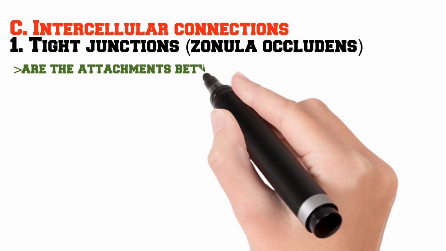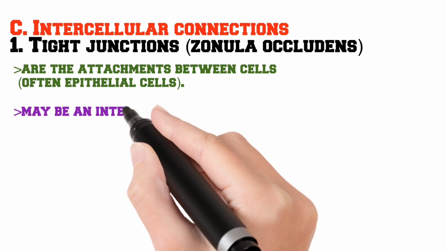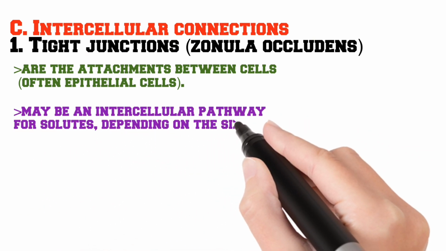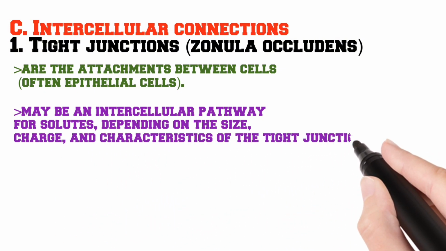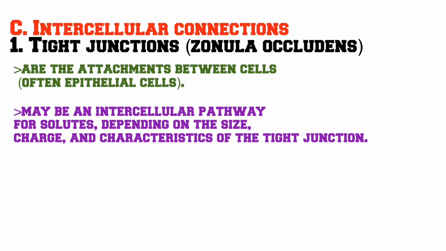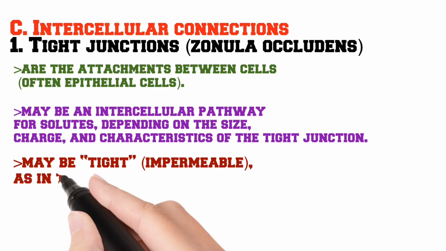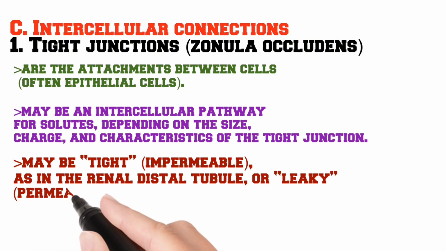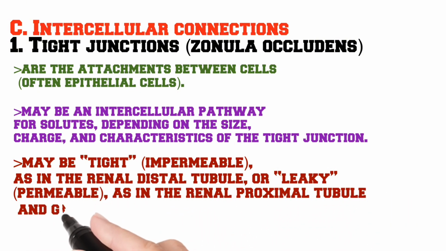These tight junctions are the attachment between cells, often in epithelial cells, and may form an intercellular pathway for current, depending on the size, charge, and characteristic of the tight junction. It may be tight, making the cell impermeable, as in the renal distal tubule, or leaky and permeable, as in the renal proximal tubule and the gallbladder.